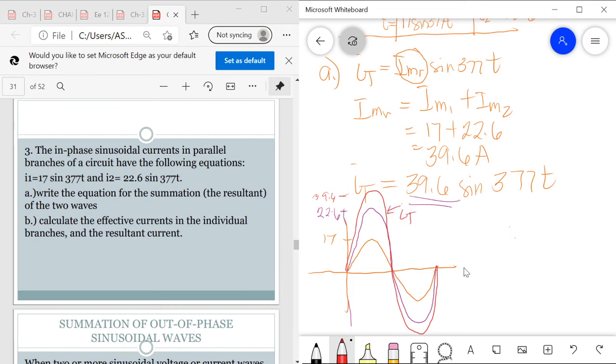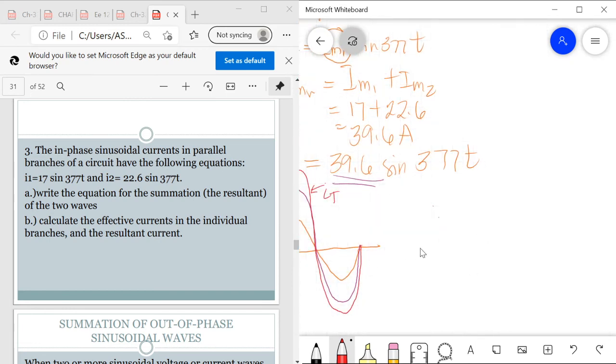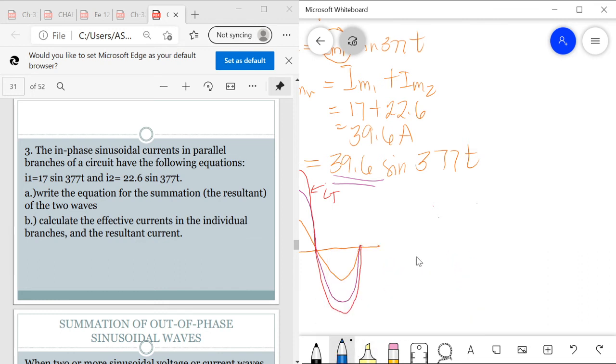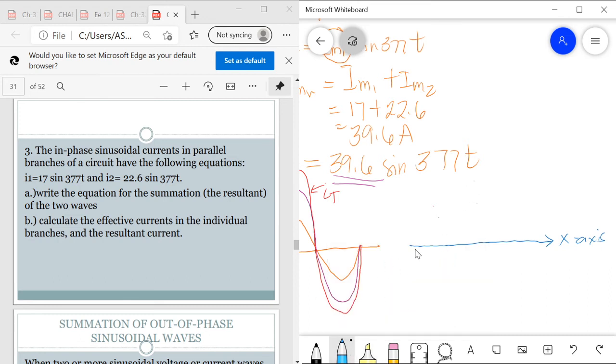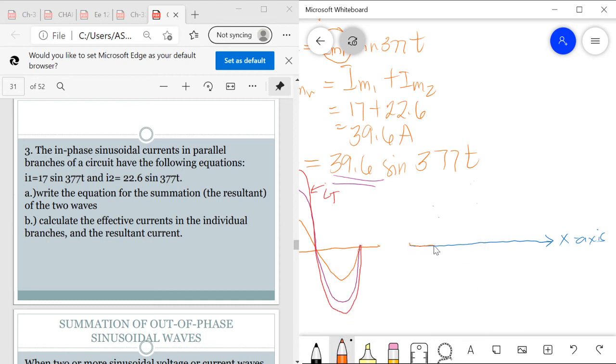Paano pag vector? So, let's say this is your reference. Ito yung reference natin na x-axis. Ito yung I1 natin na 17.